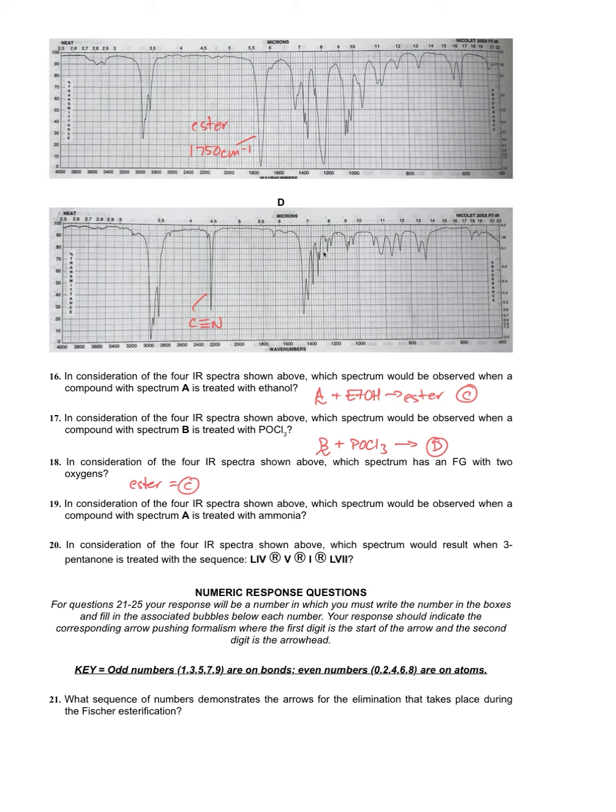So that's an acid chloride plus ammonia. That's going to give you a primary amide. So that is B.